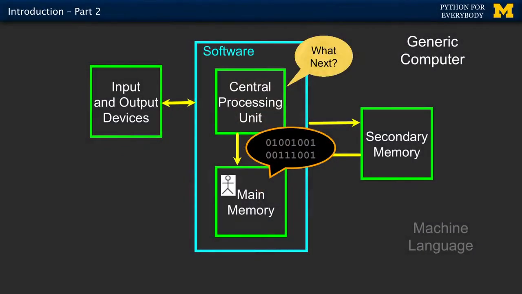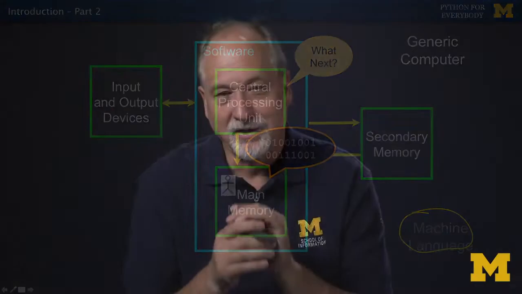Now it turns out that the instructions the central processor uses are a series of zeros and ones. I said like 32 zeros and ones or 64 zeros and ones are fed in simultaneously for each of the instructions. We use a language called machine language. I would love someday to teach you machine language, but we don't have time right now, and that's more about becoming a computer scientist. Basically, we don't have to worry about that too much.